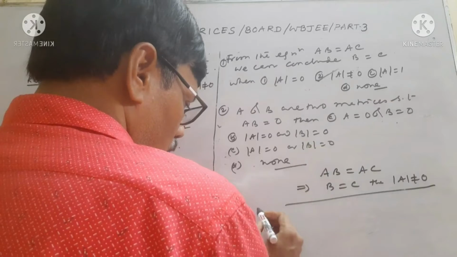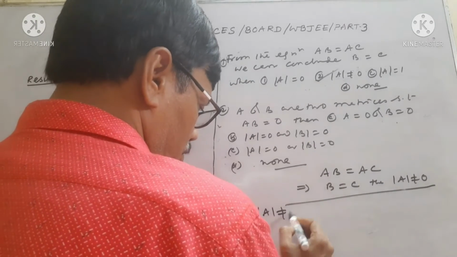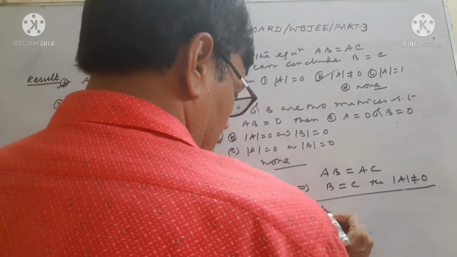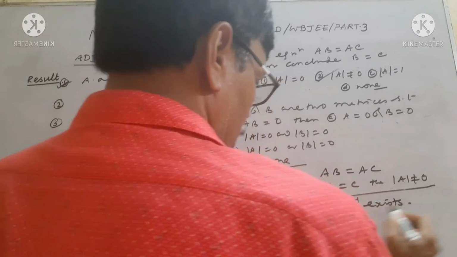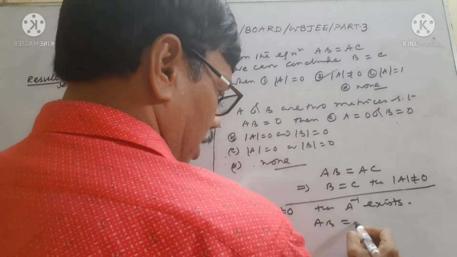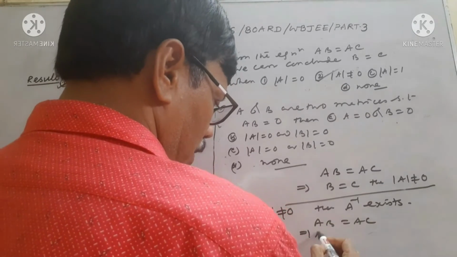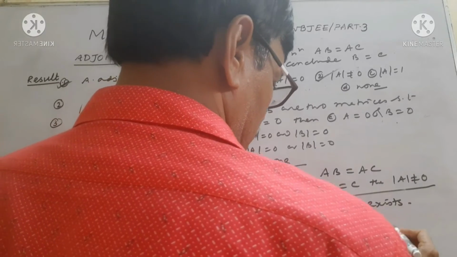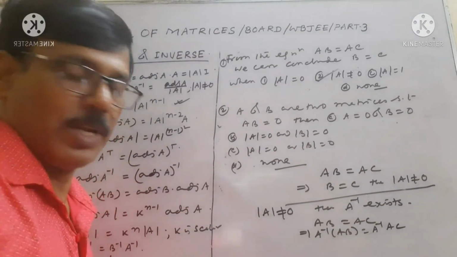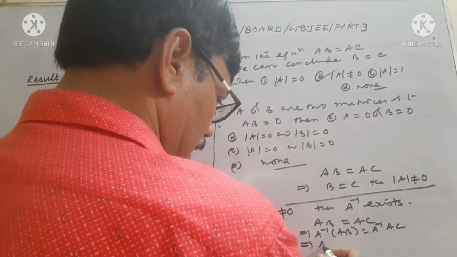So look, if determinant A not equals 0, then A inverse exists. So AB equals AC. Multiply by A inverse: A inverse AB, A inverse AC. Now matrix multiplication is associative.